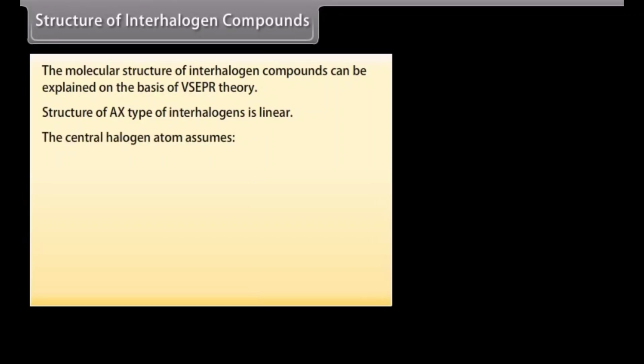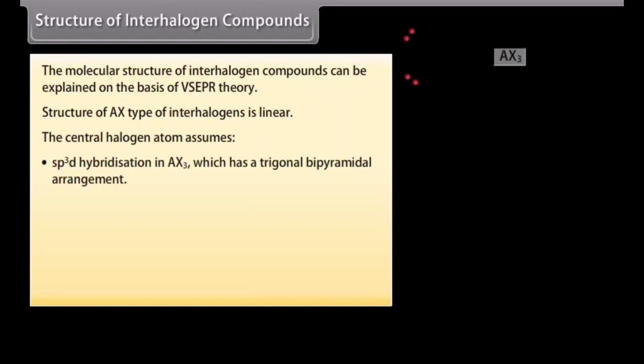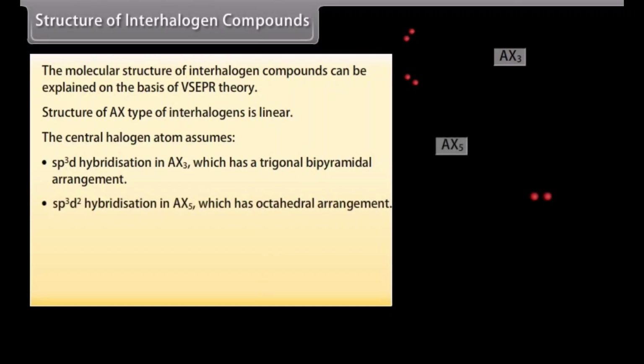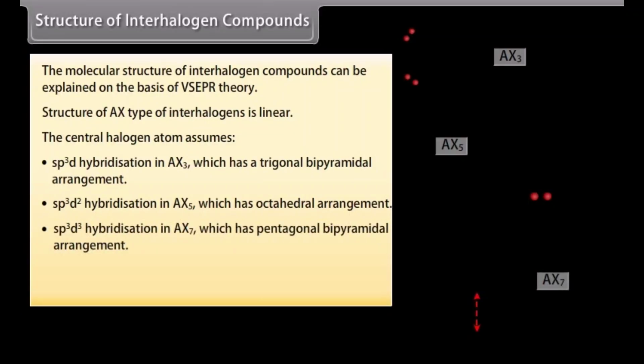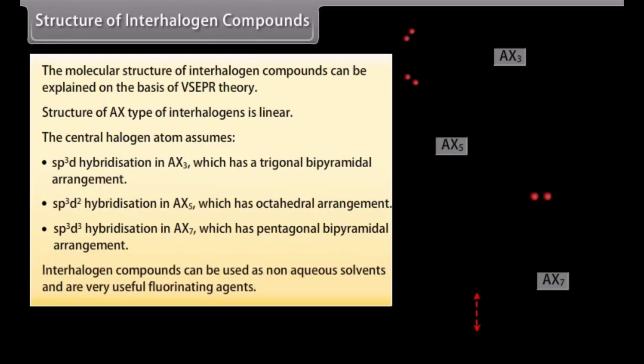The central halogen atom assumes sp3d hybridization in AX3, which has a trigonal bipyramidal arrangement; sp3d2 hybridization in AX5, which has octahedral arrangement; and sp3d3 hybridization in AX7, which has pentagonal bipyramidal arrangement. Interhalogen compounds can be used as non-aqueous solvents and are very useful fluorinating agents.